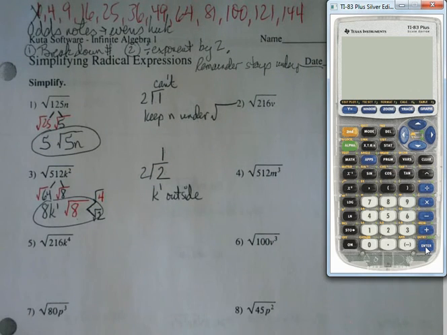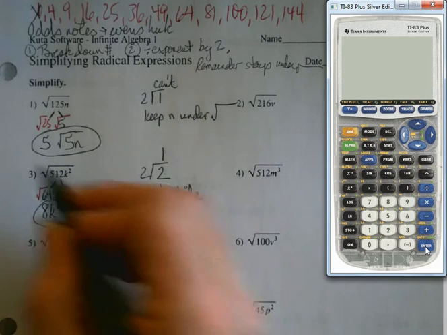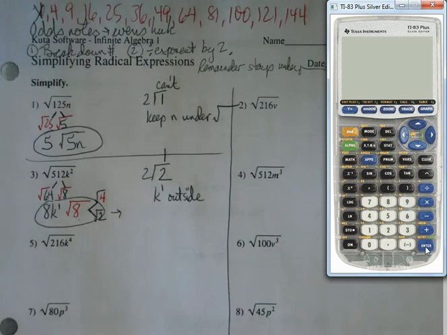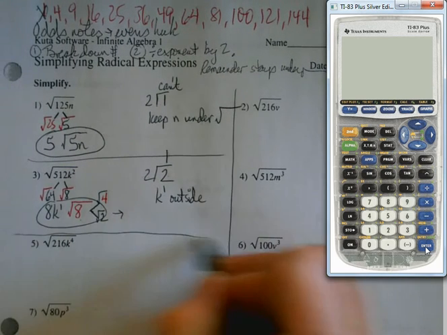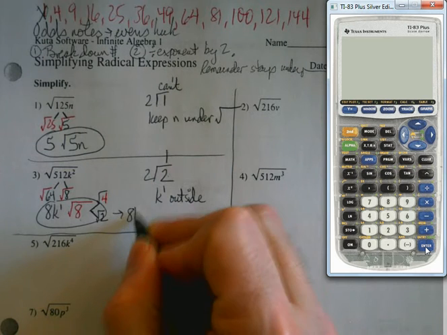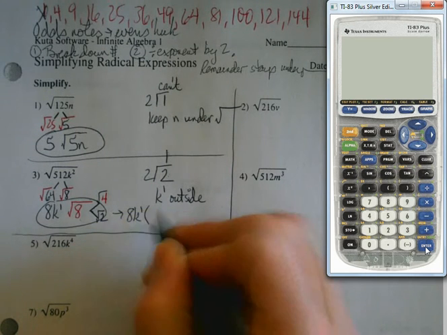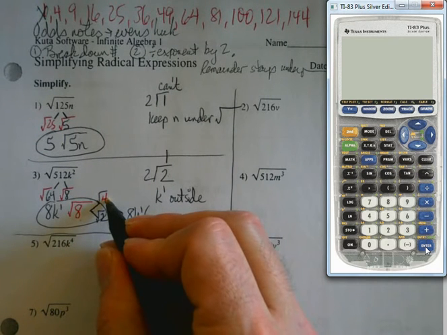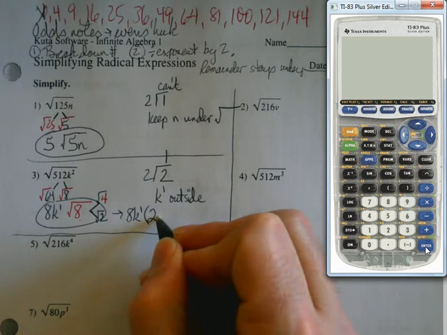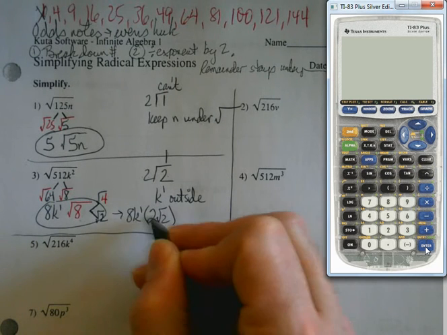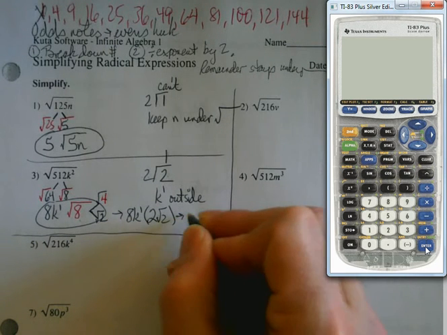So I look and I'm like, okay, let me keep this kind of coming along with me. So I've got this 8k to the first, and now the square root of 4, because I can only break down the perfect one, is 2. And then I just multiply the numbers that aren't in radical jail anymore.